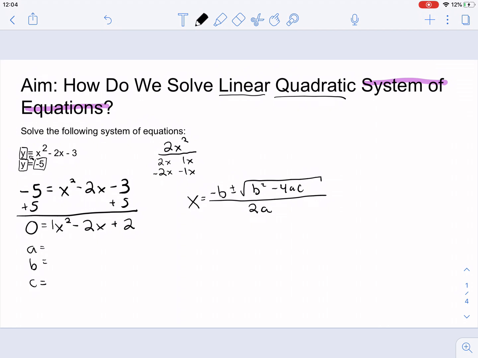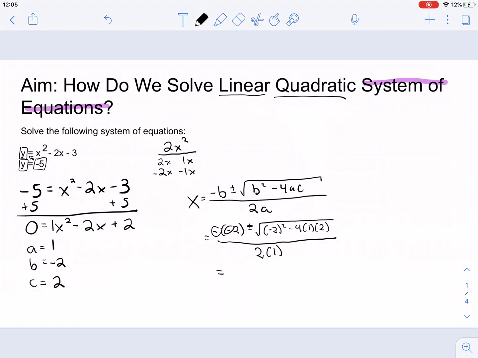My a is 1, my b is negative 2, and my c is 2. So I have negative, parentheses, negative 2, plus or minus the square root of negative 2 squared minus 4 times 1 times 2, all over 2 times 1.